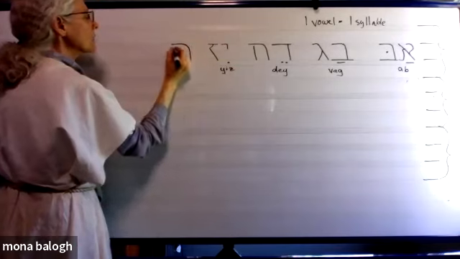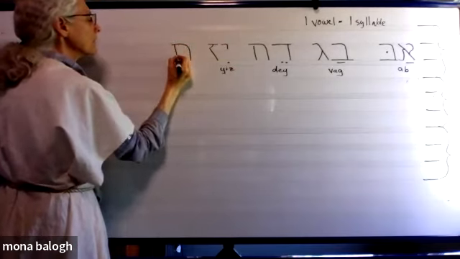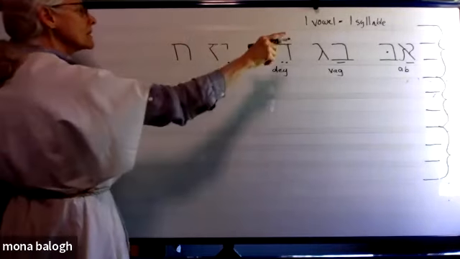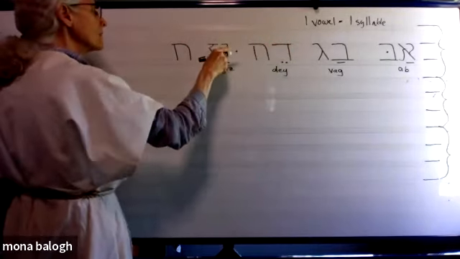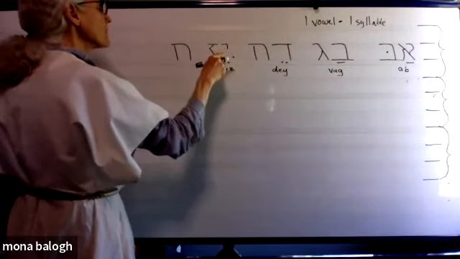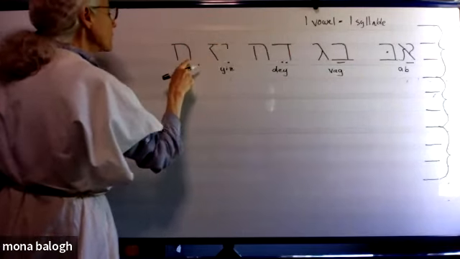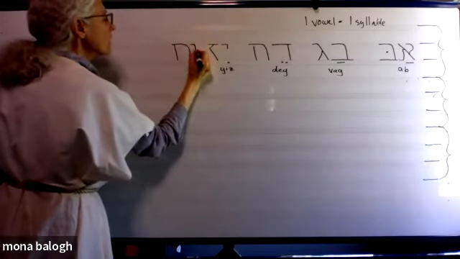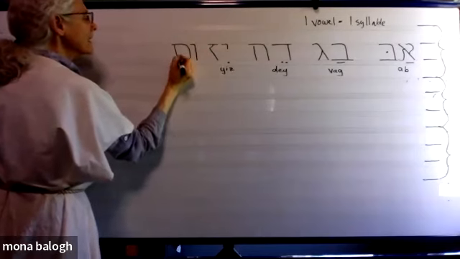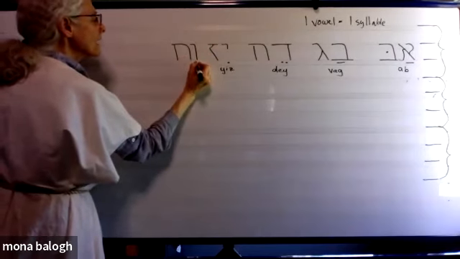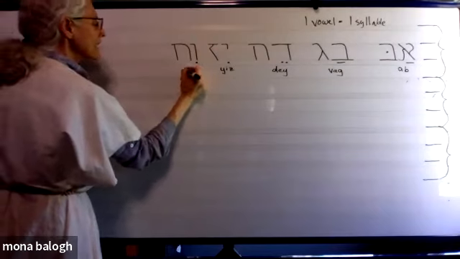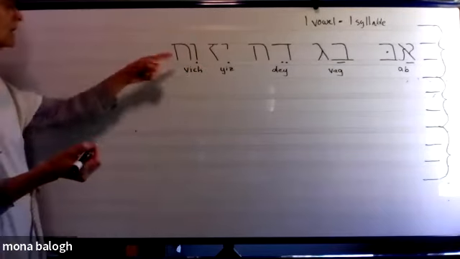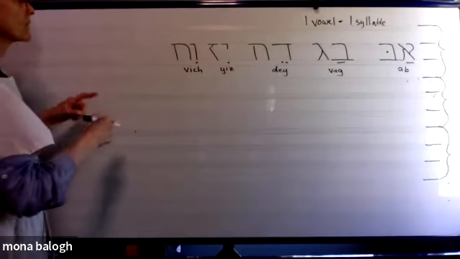The only reason I'm doing this in order is because I'm not creative enough to make real words, so bear with me. It's just Aleph, Bet, Vet, Gimel, Dalet, Hey. Oh, I forgot the Vav. That's okay, I'll put that in next. Vav, chet with a hirek: vich. That sounds weird, doesn't it? Vich. You may have a syllable like that.